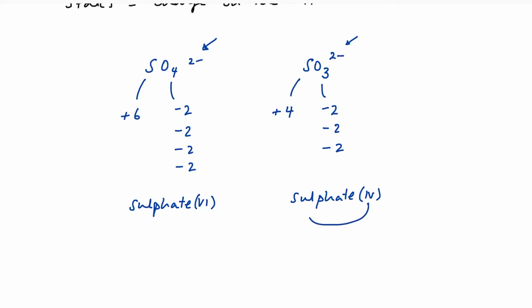The number here refers to the oxidation state of the sulfur in this ion, and ATE means that we've got oxygen present. It's an oxyanion, which is a term that you may come across.